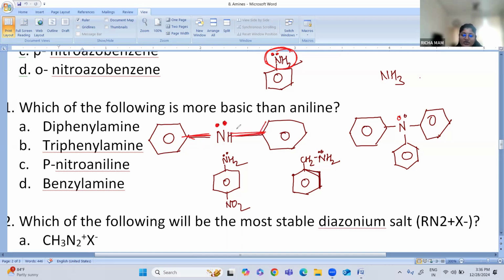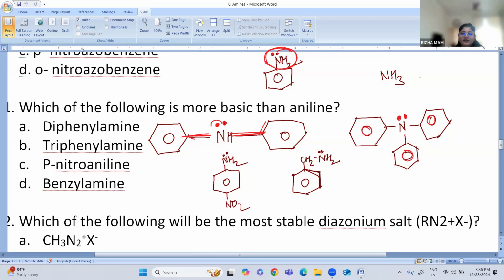So these electrons can delocalize in these two rings. Again here, the electrons on this nitrogen get delocalized. They are not freely available. They are delocalized in the three rings. So here also it is not basic.